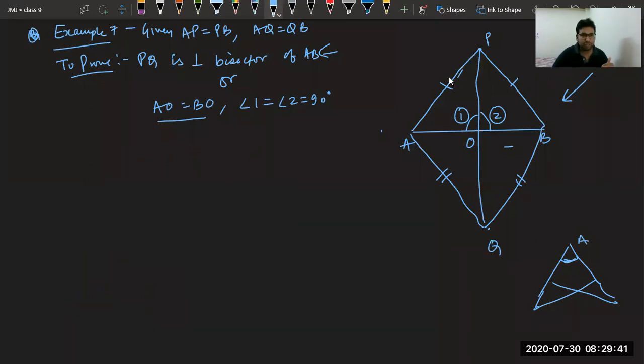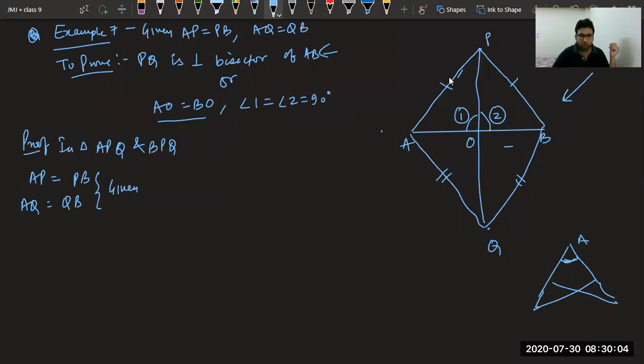So we will start with the proof in triangle APQ and BPQ. Now it's very easy. We all know AP is equal to PB, given to us, AQ equal to QB, given to us.